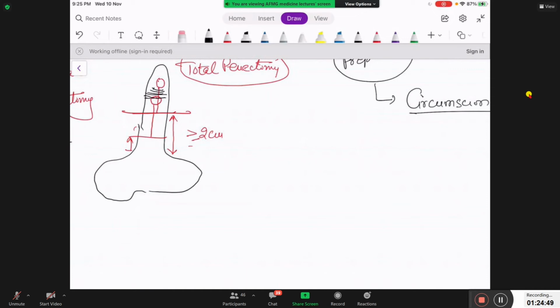So if this ulcer gets infected, the lymph nodes in the inguinal region can get enlarged. Because of infection also, the lymph node may get enlarged. Yes or no?